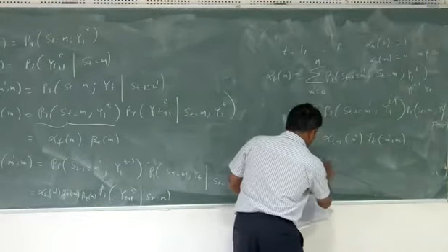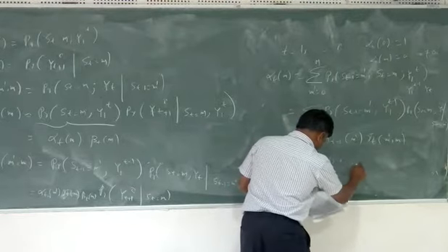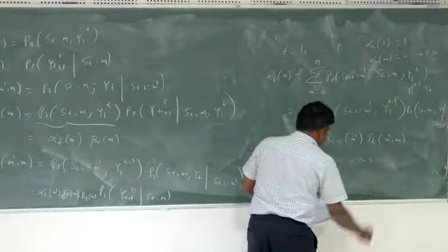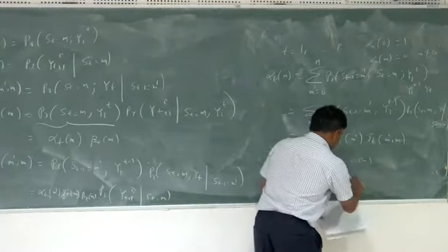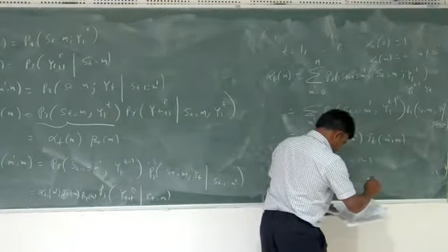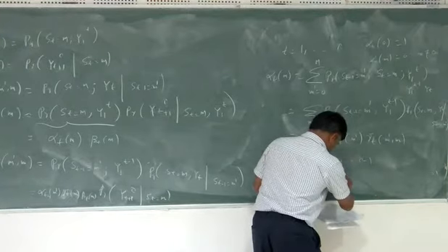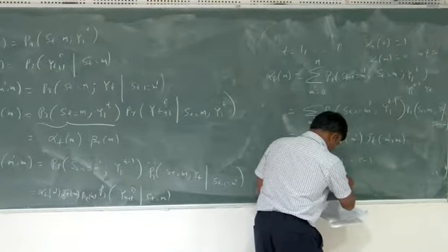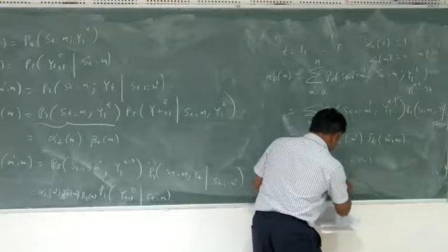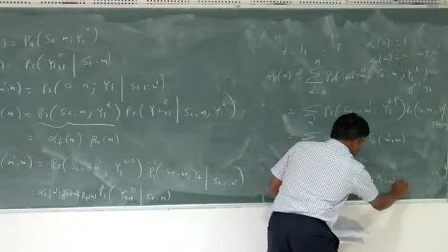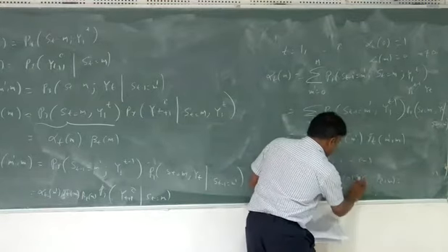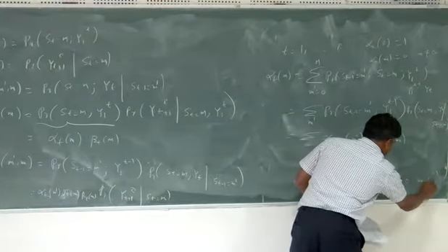For t equal to 1, 2 all the way to tau minus 1, of course, by tau minus 1, beta t of m. And beta tau of 0 equal to 1, beta tau of m equal to 0 for m not equal to 0.